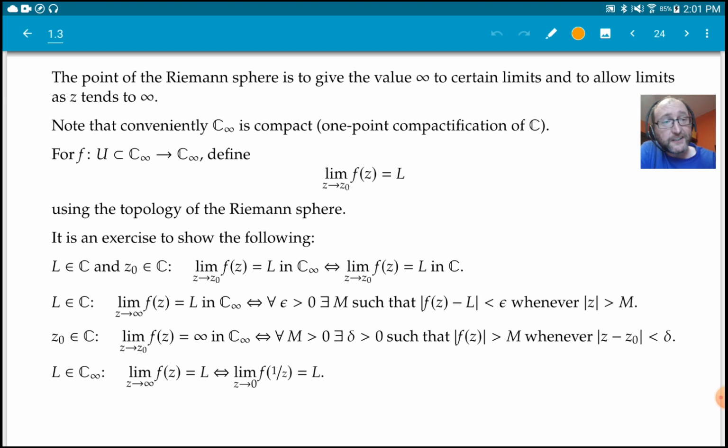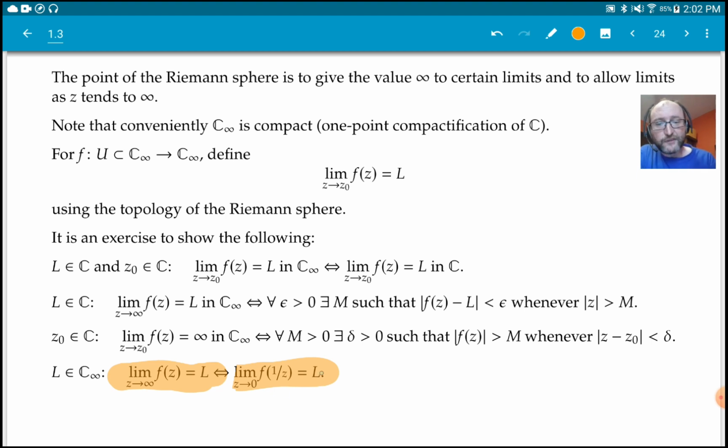So if I'm talking about a limit of something as z goes to infinity, and now think of L as anything, either some complex number or infinity, we say that this limit is L if and only if this limit as z goes to 0 is L, right? So I basically just look at f of 1 over z, because 1 over z should go to infinity as z goes to 0, right?